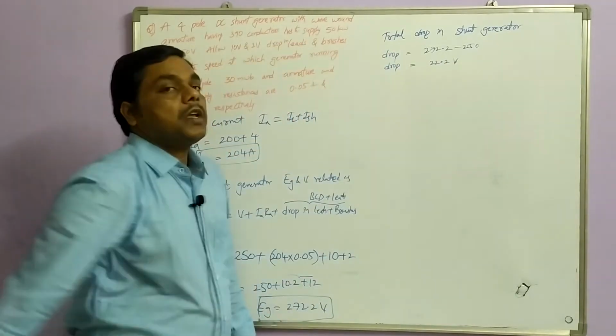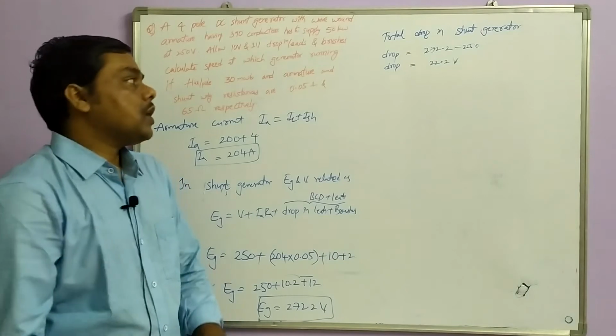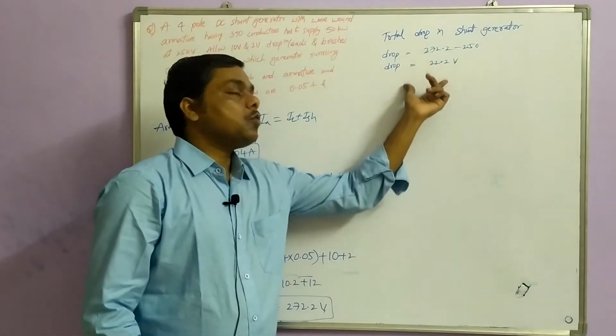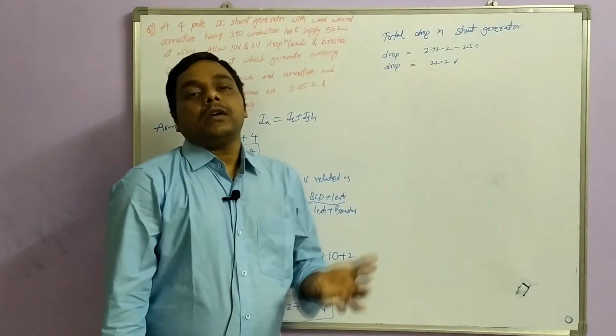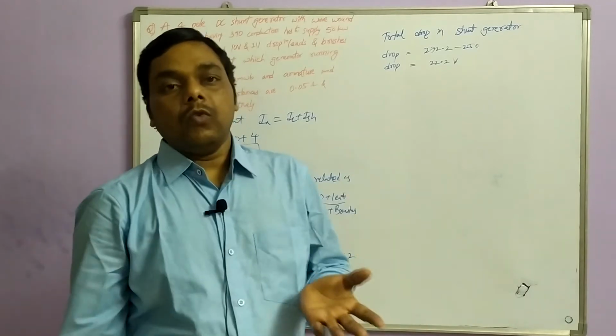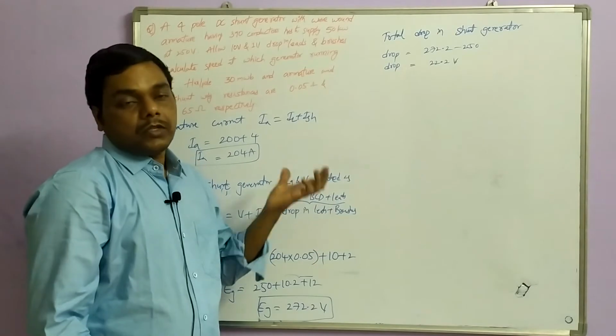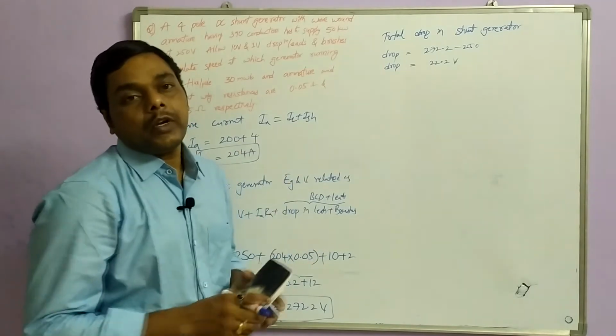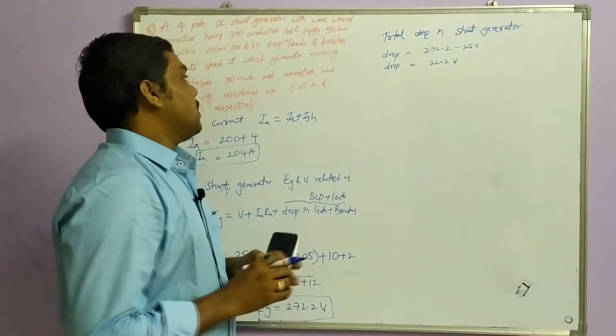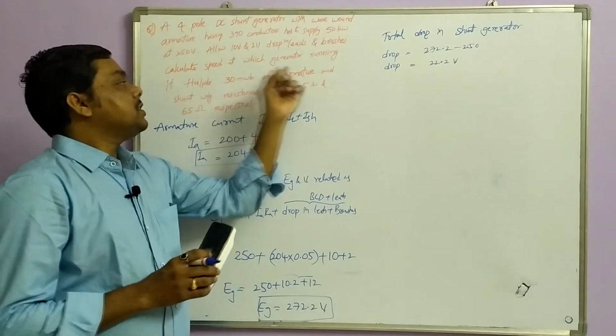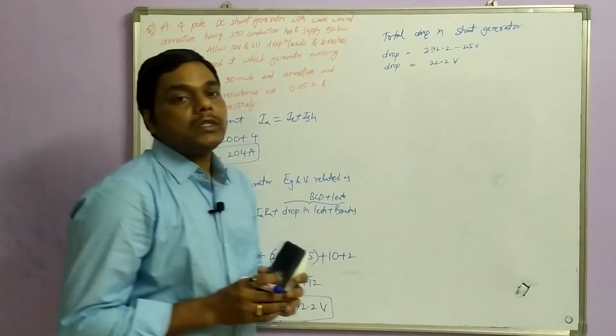Now it looks very high, so you have to reduce this 22.2 to nearly 8 volts or 10 volts, then the generated EMF will be lower and the efficiency is going to increase. Now the actual parameter to be determined is the speed of the generator.